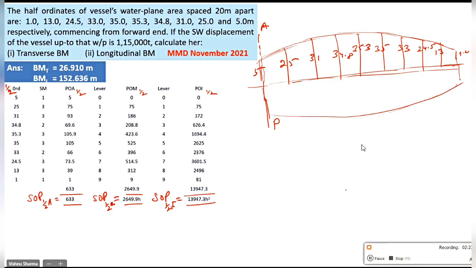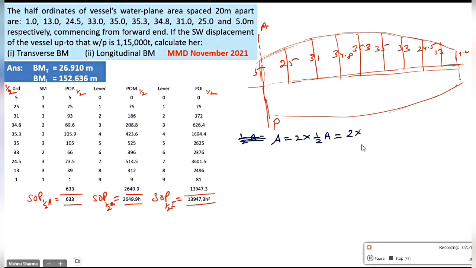First, we can get the half area. And if you want, then you can get the full area. But you can deal with half area itself, no issues. So half area would be equal to, but you will need the full area also. So full area will be equal to 2 into half area. This is the better way you can write. Why? Because this is going to give us half area.